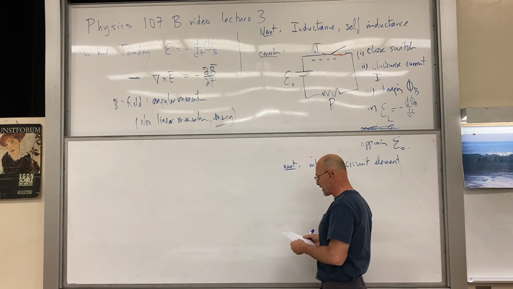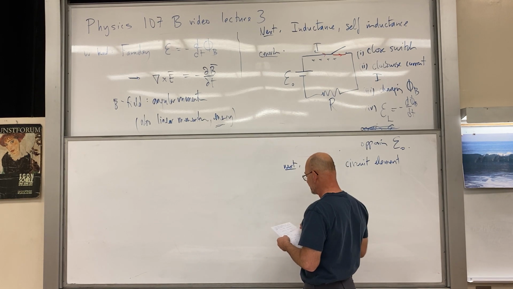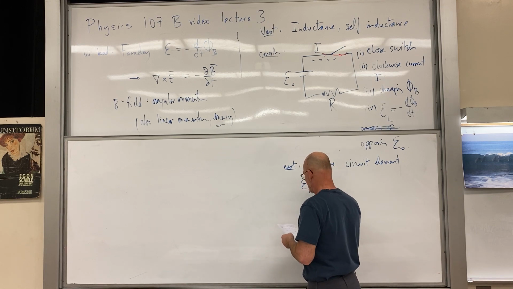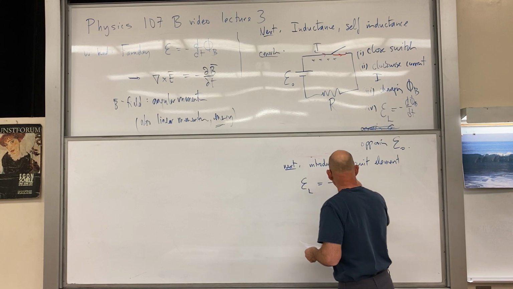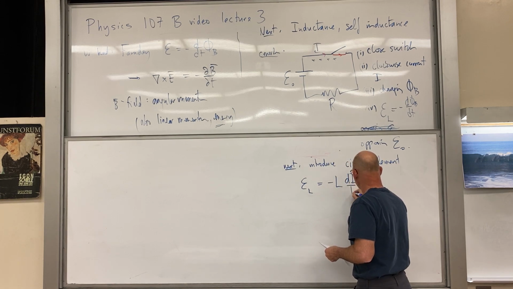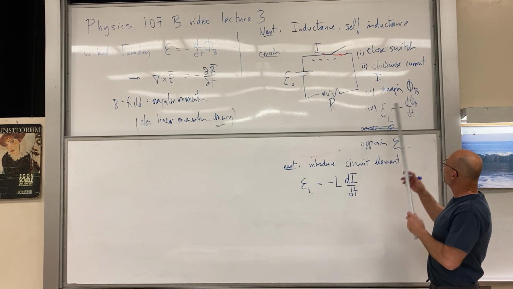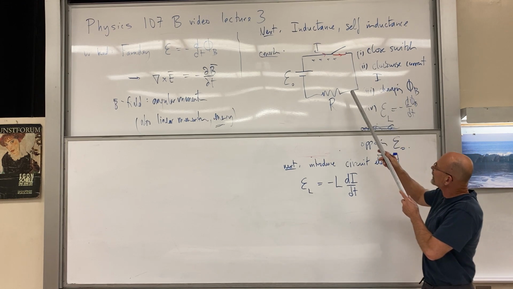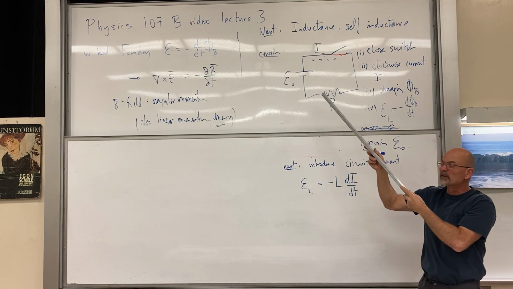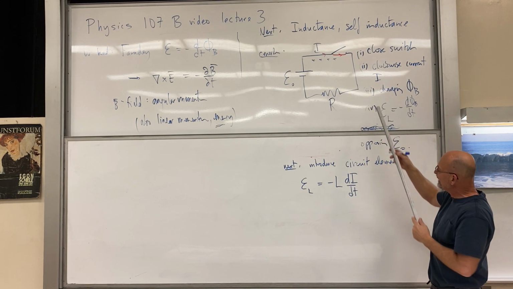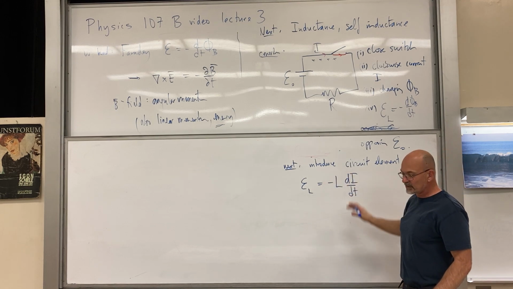And we're going to do it this way. Minus L di dt. Now the reason we can do this is that the flux depends on the magnitude of the current, as well as the B field. So we can go ahead and write it this way.